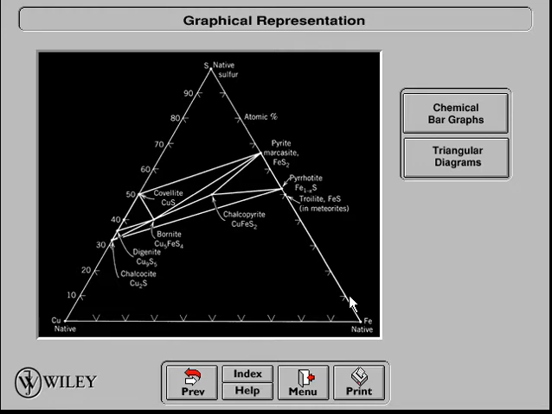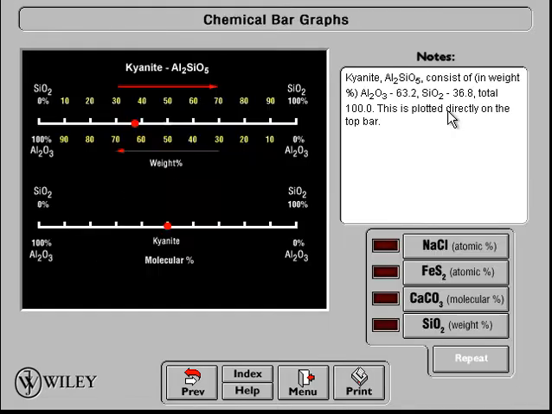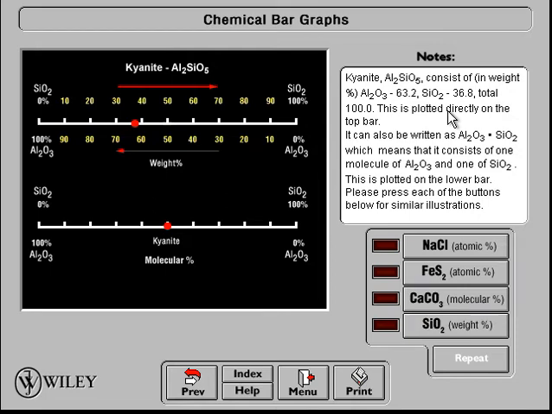Now we are going to the first bottom here, the chemical bar graphs. So a chemical bar graph is a binary system, and here the binary system consists of Al2O3 and SiO2. Here on this side we have 100% Al2O3. Here on this side we have 100% SiO2. Now we are forming a mineral which contains Al2O3 and SiO2 as well.